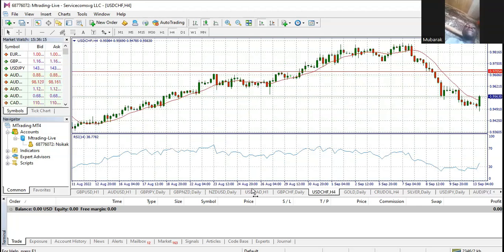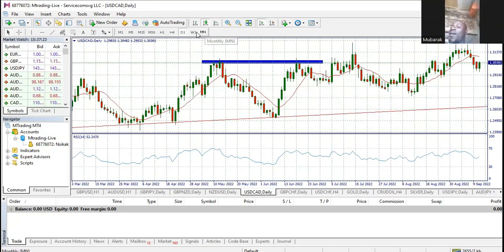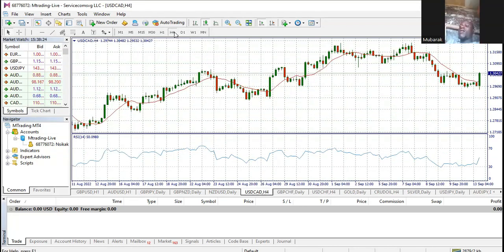The USD CAD has already made a huge move. Huge move. Now the USD JPY will buy. Yes, it has already been buying. So USD CAD could buy till this region.